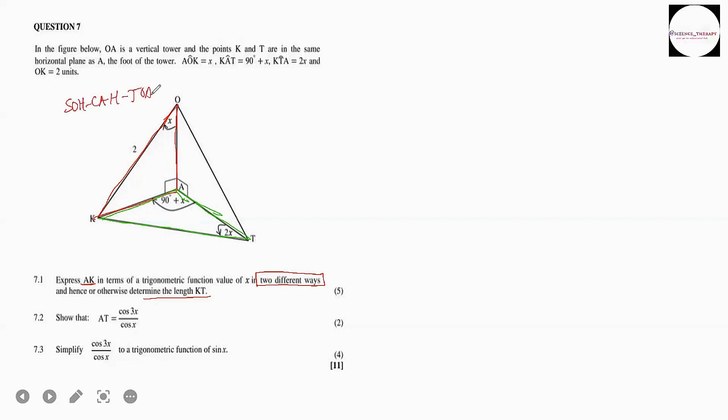In triangle OKA, we want to apply SOHCAHTOA. Our AK here, in reference to the angle X that we are given, is the opposite side, and the 2 here is the hypotenuse.